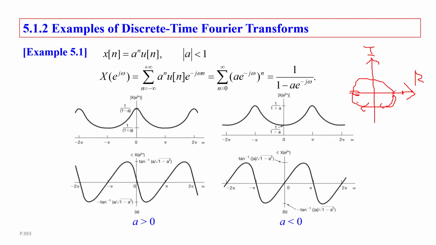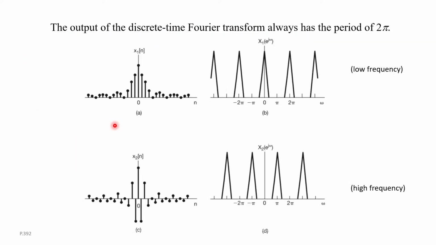So if a is positive, then this thing is centered around low frequency, and if a is negative, you see this thing is centered around high frequency. And that fits our intuition, right? Because if a is positive, it's just an exponential decay, a kind of low frequency, just like in this example.